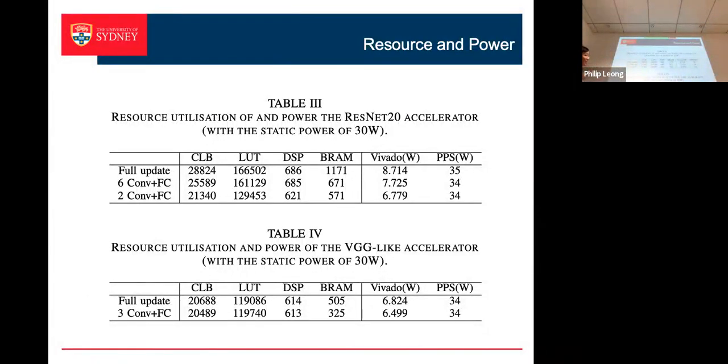Here's the resource and power. We made 3 implementations. One was a full update, where we update all the weights. The second one updates 6 convolution layers and the final fully connected layer. And the third updates 2 convolution layers and the final layer. They all use roughly the same resources and power.